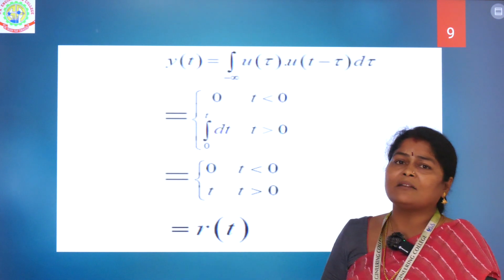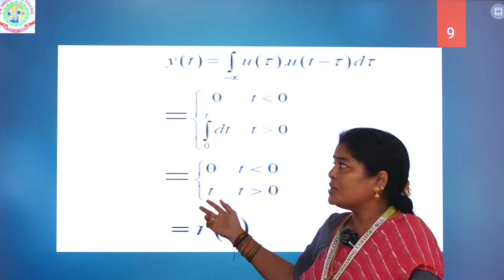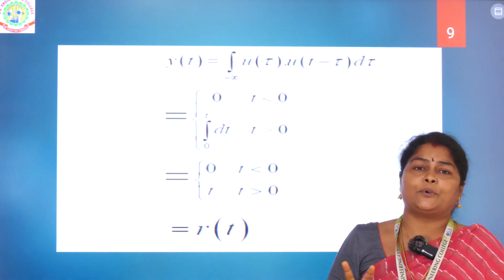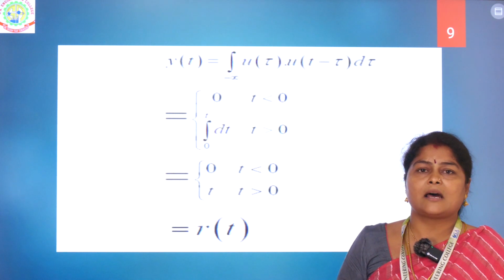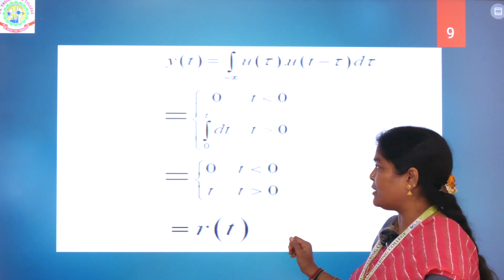So integrating 1, we will be getting t. Hence this is nothing but the ramp signal, we all know. So convolving two unit steps will result in a ramp signal. This is the most important result. That is important, you can make a note of it.